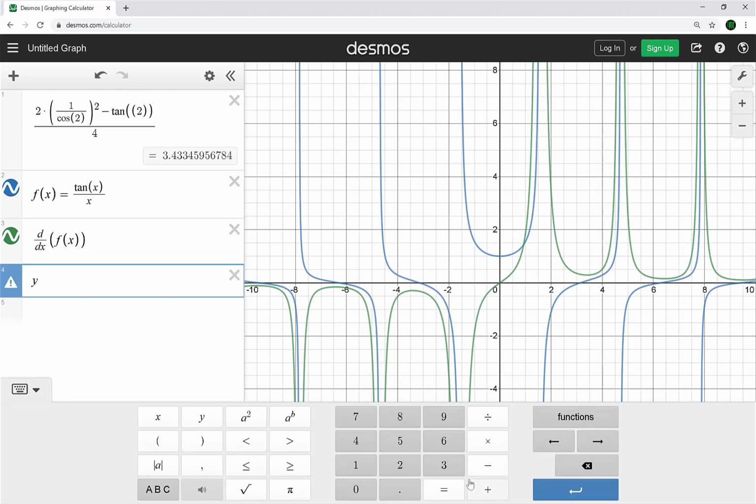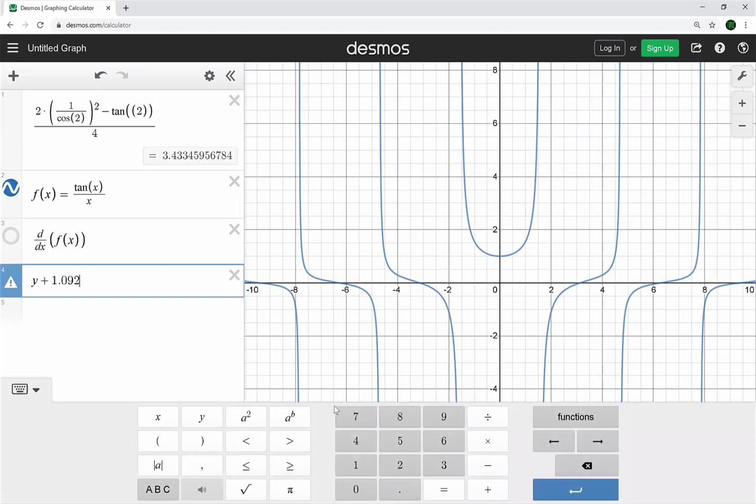What was it? 1.092. Actually, I don't need the derivative. I just need the original. Okay, y plus 1.092 equals 3.433 times x minus 2. It wasn't x minus 1? Oh, it was x minus 2. Yeah, you're right. Check it out, guys. Yeah, that definitely looks like a tangent at x equals 2.